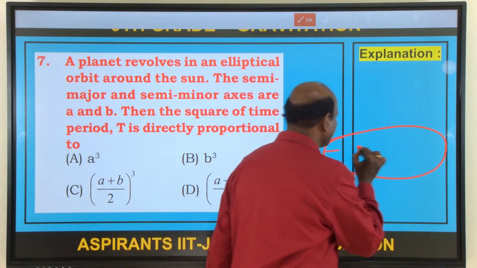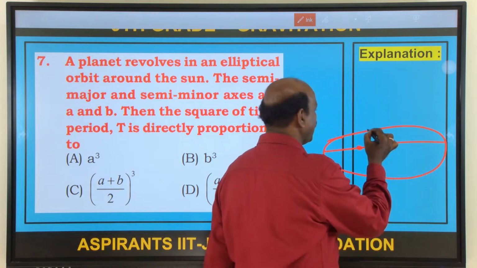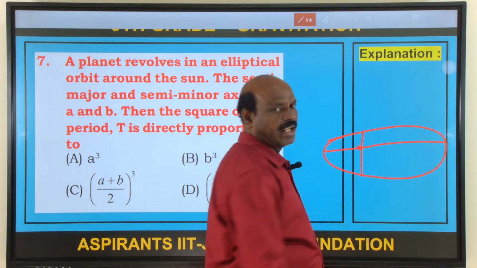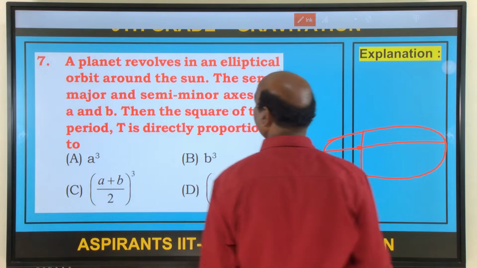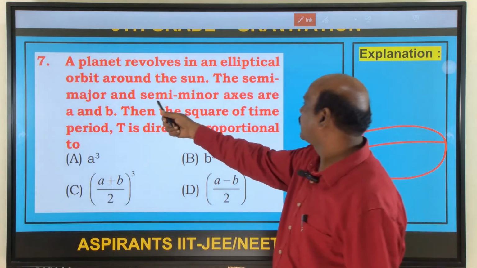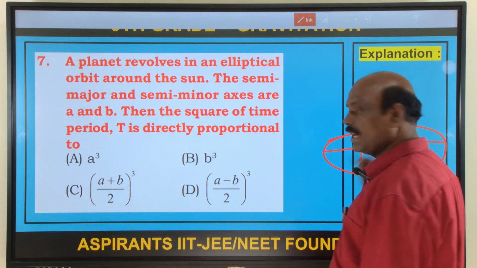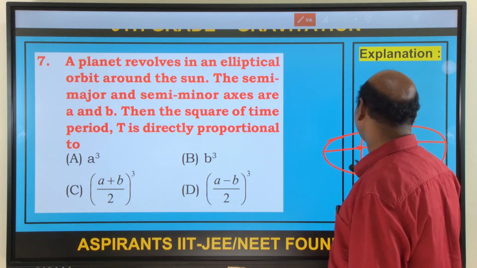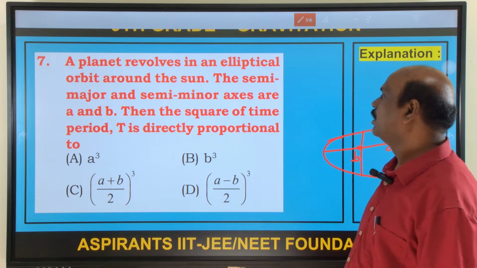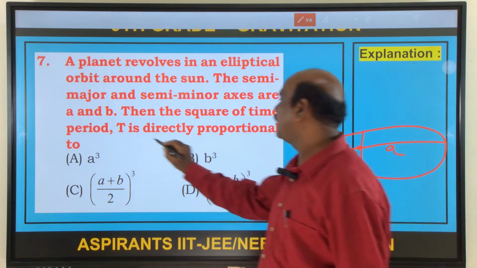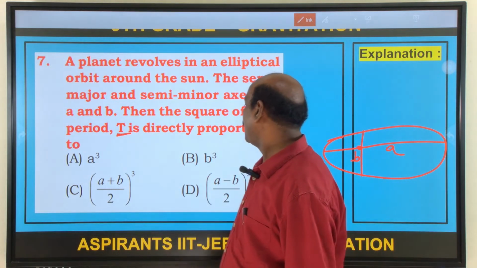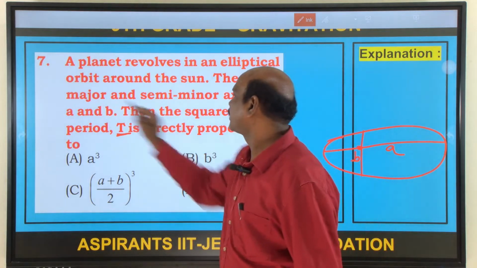Then this is called the semi-major axis, and this is the minor axis, and we know that the major axis is given by A and the minor axis is given by B. So what is the relation between the time and these axes?